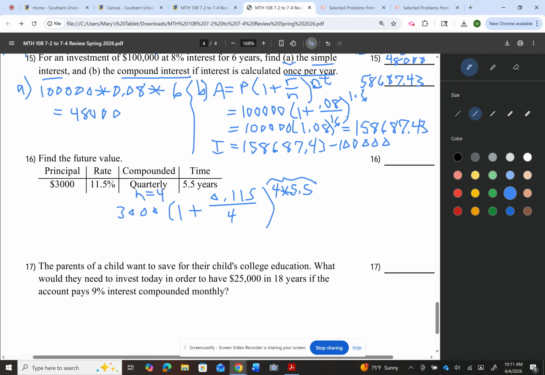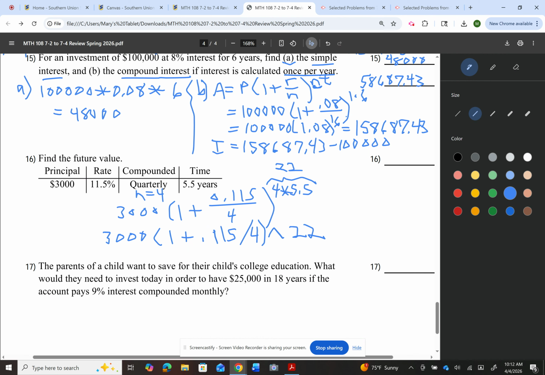I'm going to take the 5.5 times 4 and get 22, regardless of what kind of calculator you have. It works well to have worked that out. On my calculator, I don't have that multi-view, so I can just do this, and it will do the right thing. Close the parenthesis, raise it to the 22nd power, and that'll give me my answer. So that's the setup on that one.